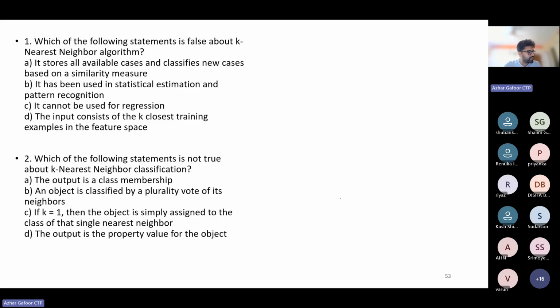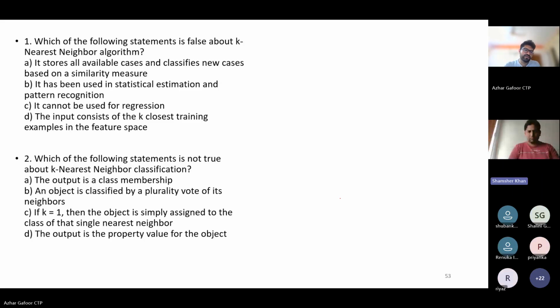It's actually not B. It cannot be used for regression. Yeah, C is the answer.